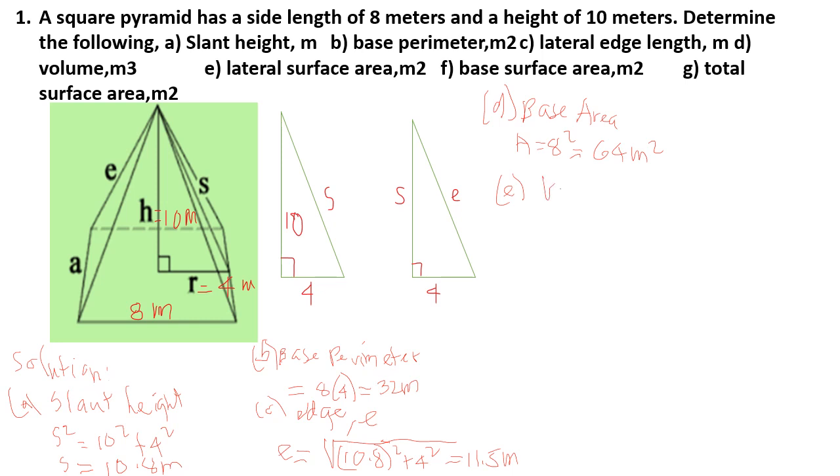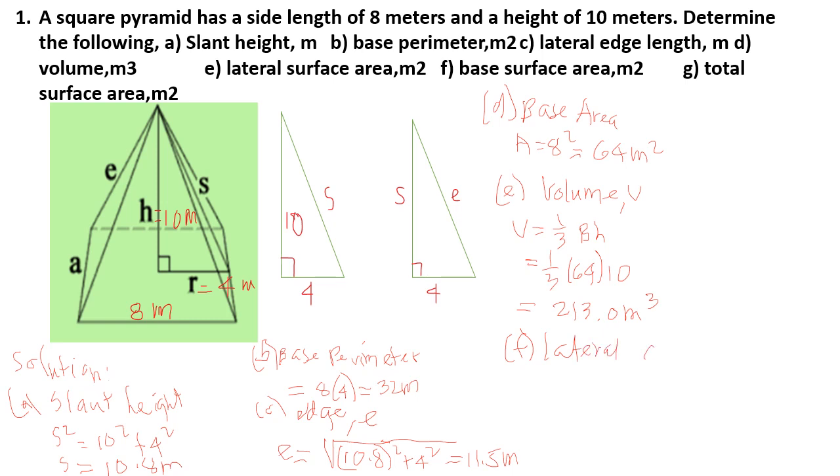Volume equals 1/3 BH, equals 1/3 times 64 times your height, which is 10. So you have 213.3 cubic meters.